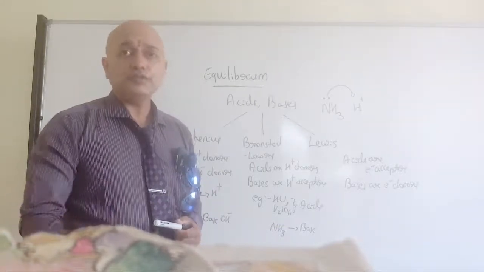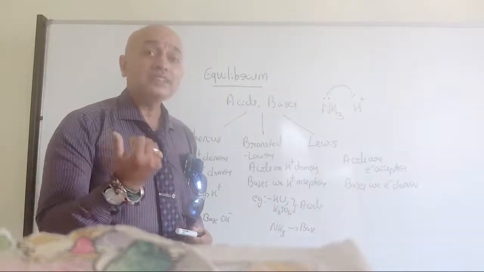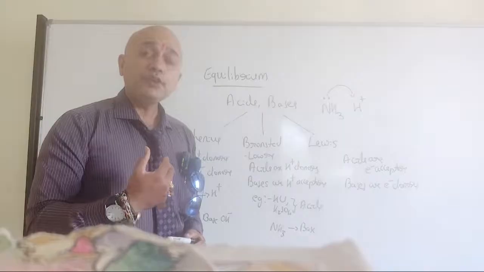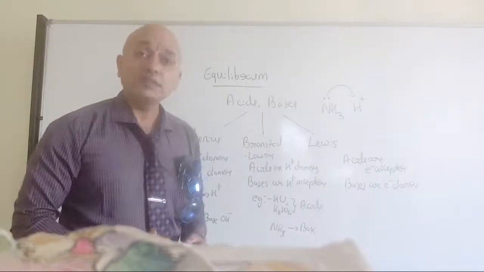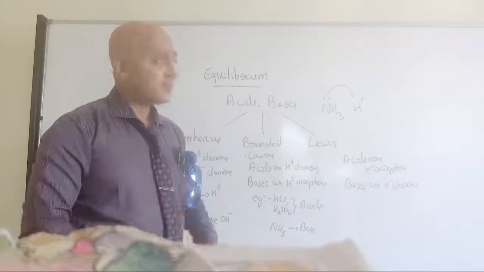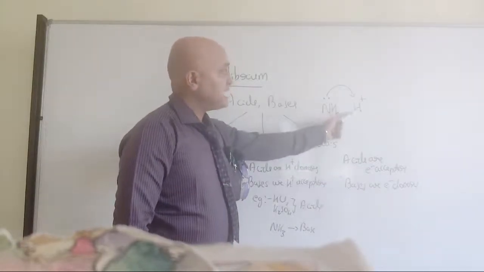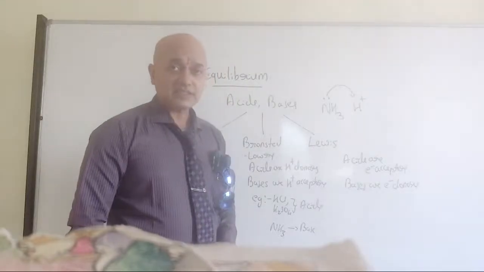Any molecule which is going to take up the electron can be considered a Lewis acid. Any molecule which is going to donate the electron will be considered a Lewis base. In this case, ammonia is a Lewis base and H plus is a Lewis acid.